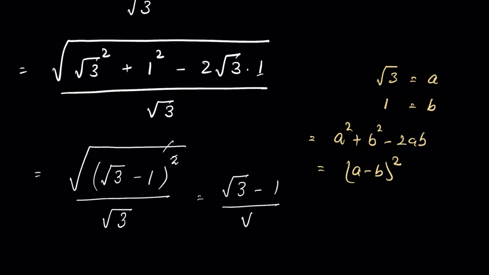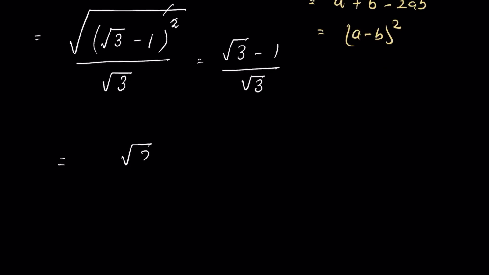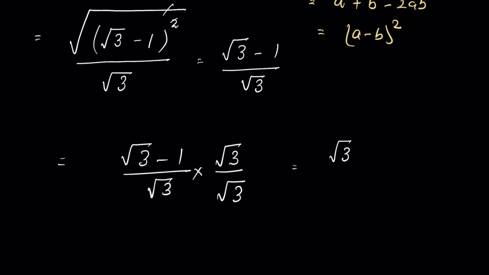Now again in the denominator we cannot have a radical, so we again rationalize it. So times square root of 3 upon square root of 3. So this is square root of 3 times square root of 3 minus 1 upon square root of 3 square. So remove square root with this square.